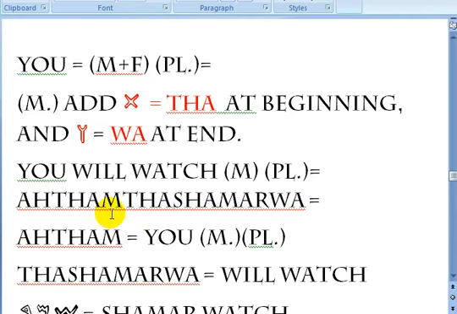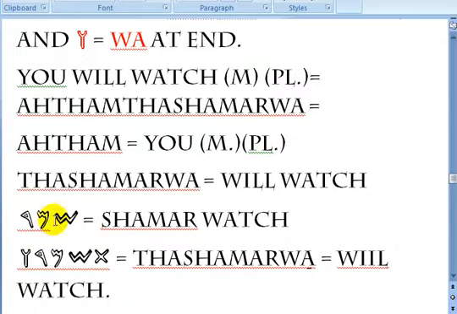You see the tha at the beginning, and you see the wa at the end. A thumb is you, male plural. Tha shamar wa is will watch, future tense. Once again, shamar is watch.